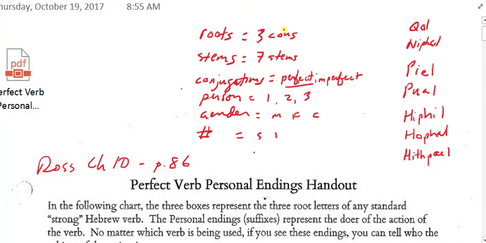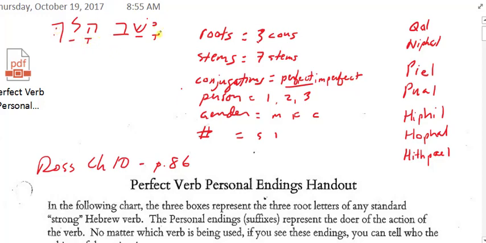For example, you have seen the verb yashav, haven't you? What's yashav mean? He dwelled, or he lived. The three root letters are yod, shin, beth. You have seen the verb halach. What does that mean?